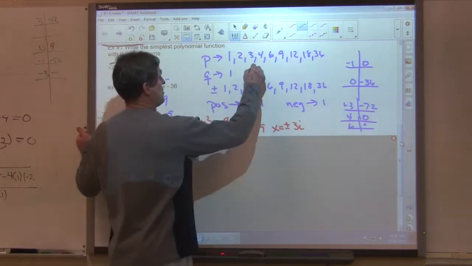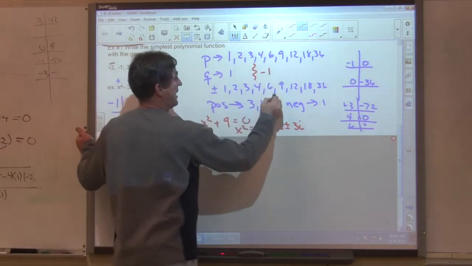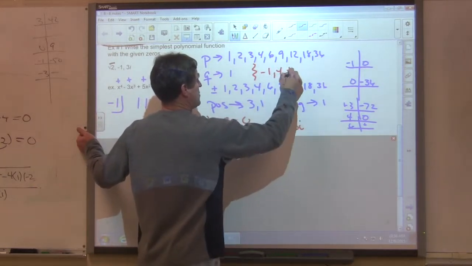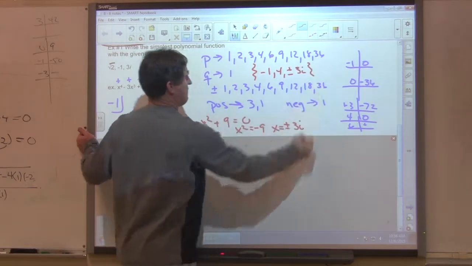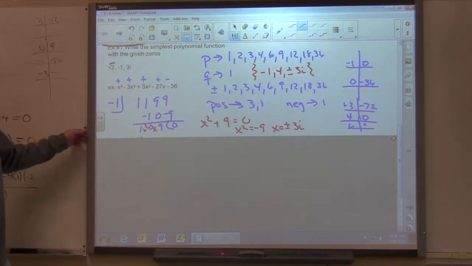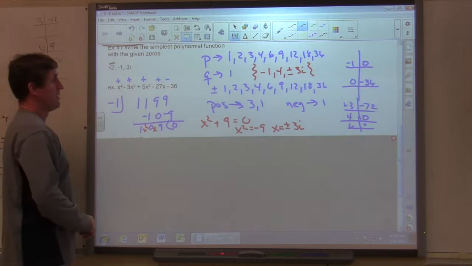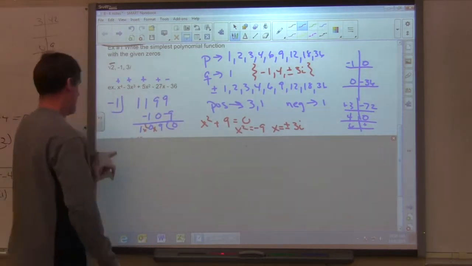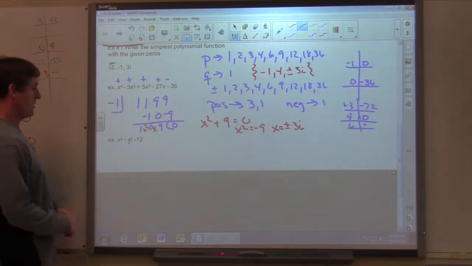So our solutions here are -1, 4, and plus or minus 3i. And we're done. So, that's using the synthetic division. Another example here.